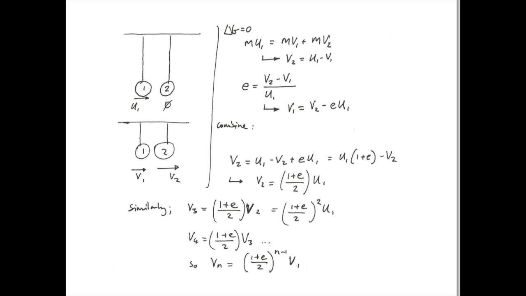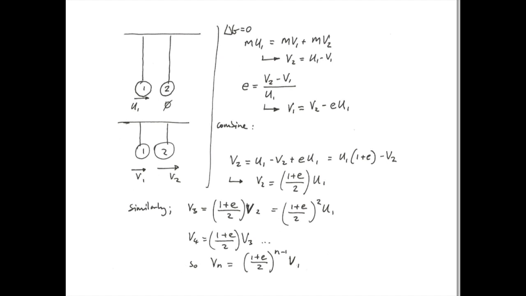Or you could start substituting in v2 the expression here, and then expression v3 into this expression, and you could say that v3 is equal to 1 plus e over 2 to the power 2 times u1, or more generally vn is equal to 1 plus e over 2 to the power n minus 1 times v1, always relating it back to the initial speed.